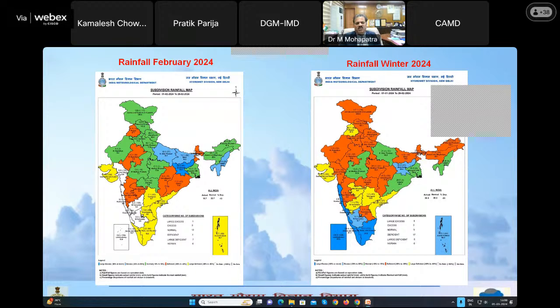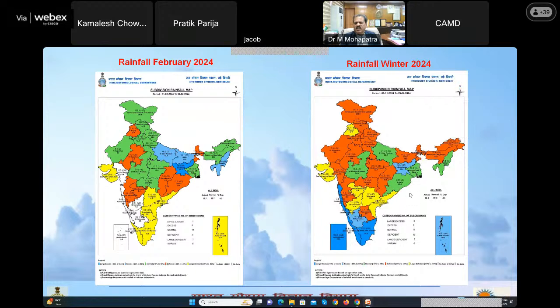Karnataka had no rain in the month of February. Now, considering both January and February on the right-hand side diagram, we have good rainfall activity in Peninsular India taken together, especially Southern Peninsular India and certain areas of Eastern India. Otherwise, the remaining parts of the country were deficient for this winter season.